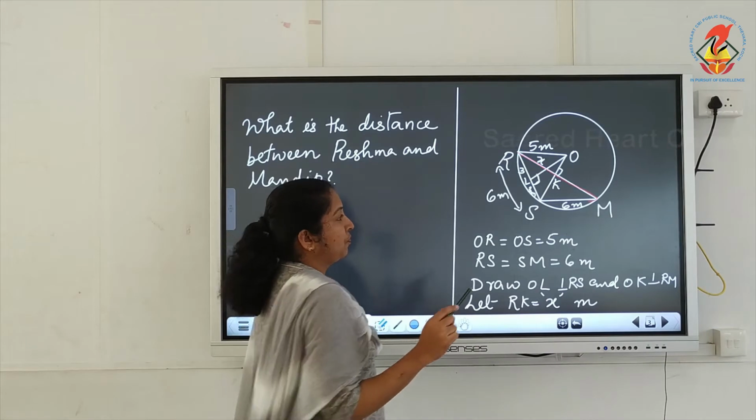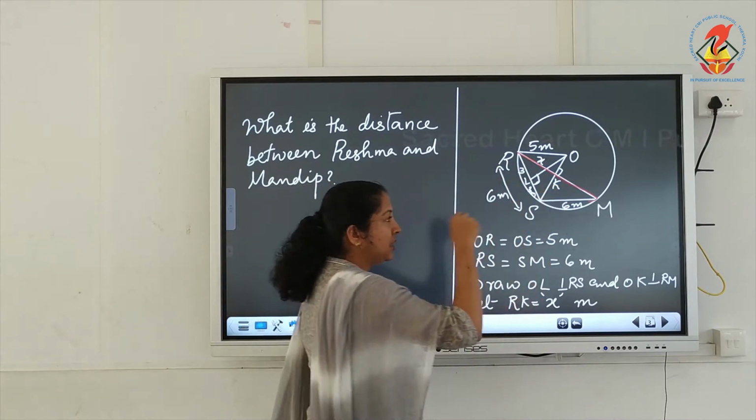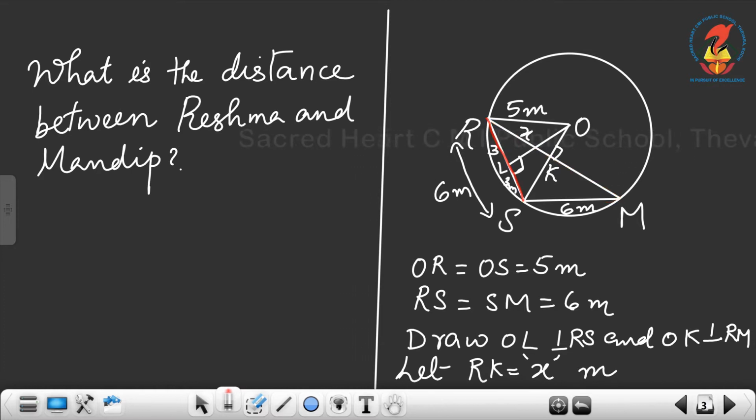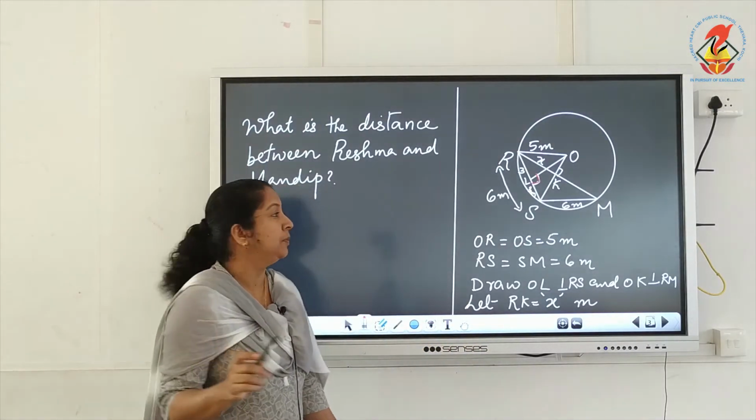For that, we have to consider a circle because they are standing on the circle. And we have to join Reshma, Salma and Salma to Mandeep and Mandeep to Reshma. Then from the center, we draw RO and OS, and we have to draw two perpendiculars.